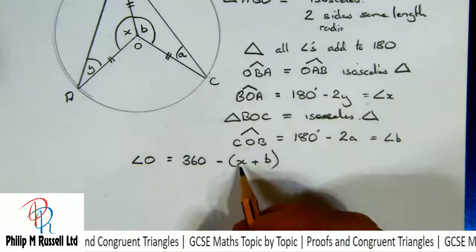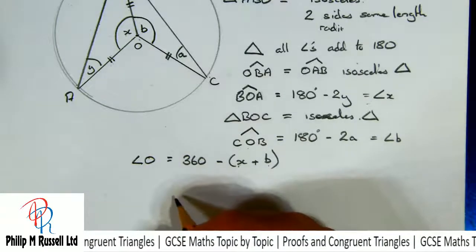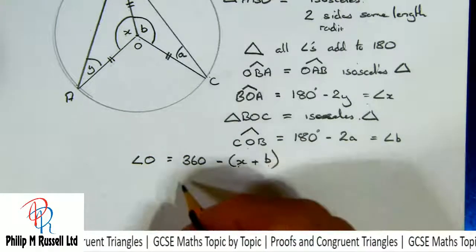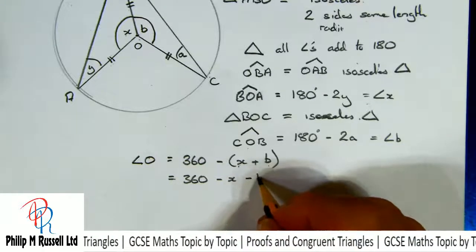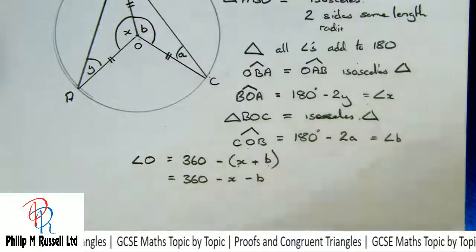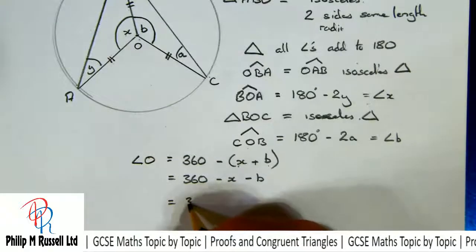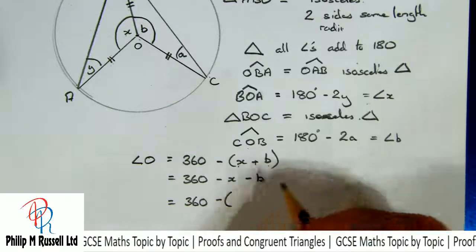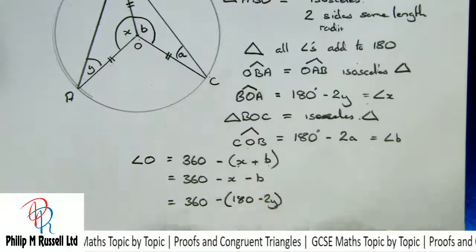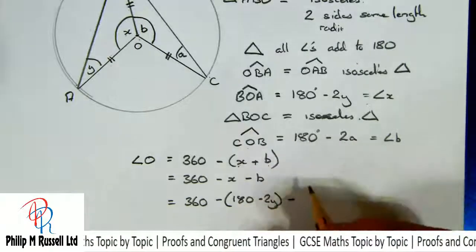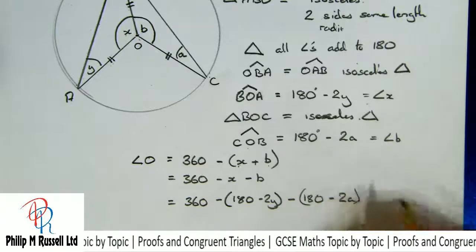So let's write these out. Now I could have written this just as easily as 360 minus X minus B, and I think I'm going to use that one because it's going to be a bit easier for me. 360 minus X, which is going to be 180 minus 2y. And it's going to be minus this one, which is going to be 180 minus 2a.